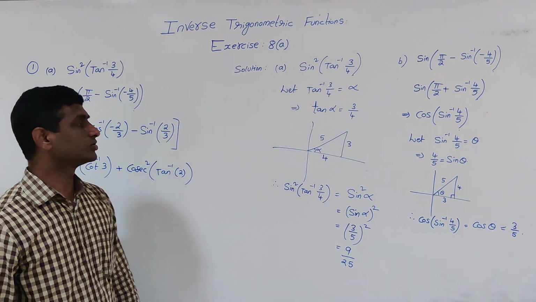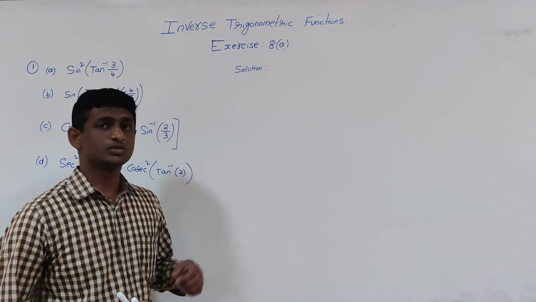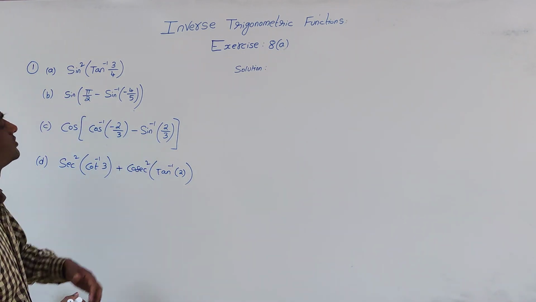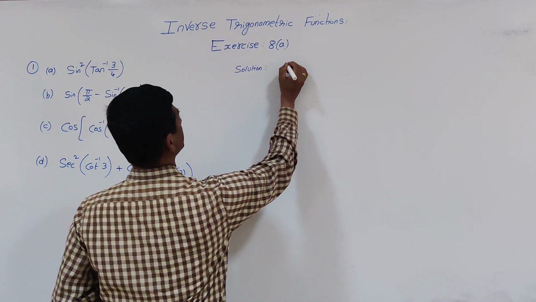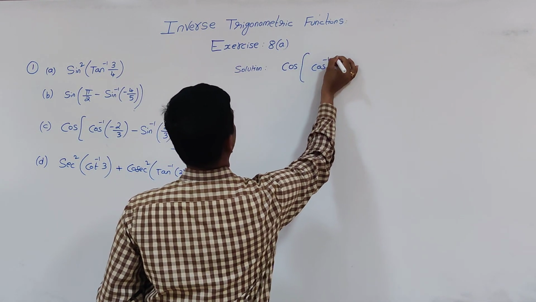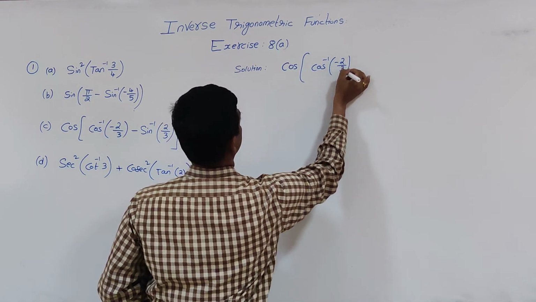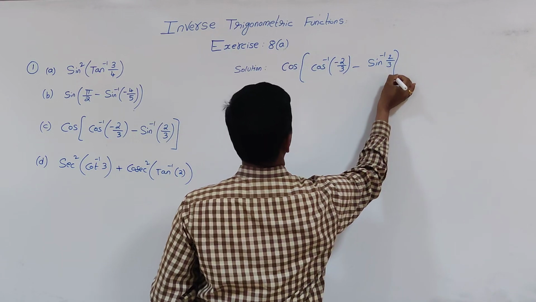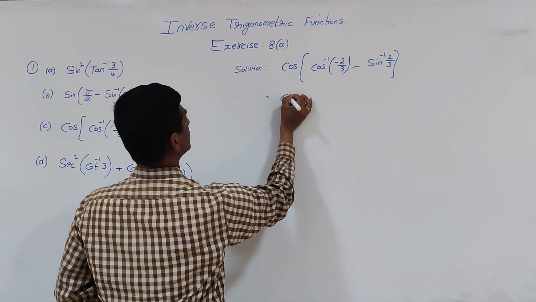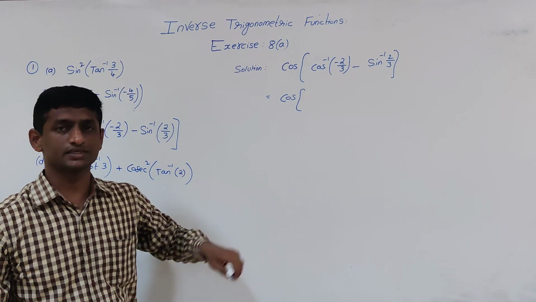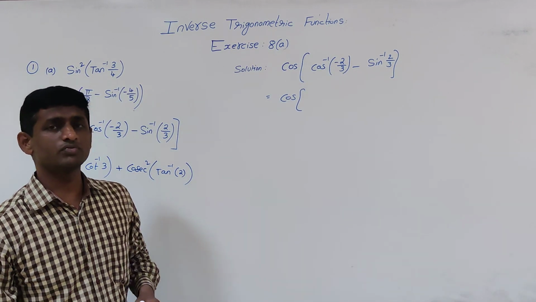Next we'll see the third question. The third question is cos of cos inverse of minus 2 by 3 minus sine inverse of 2 by 3. So let me write the question. Cos of cos inverse of minus 2 by 3 minus sine inverse of 2 by 3. Now it is like cos inverse of minus x. What is cos inverse of minus x?